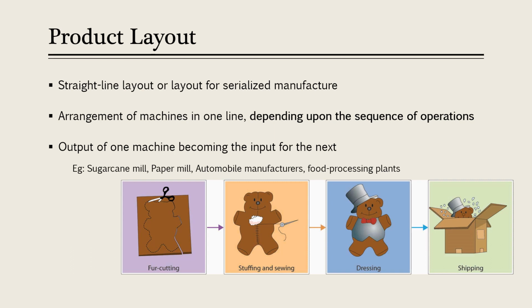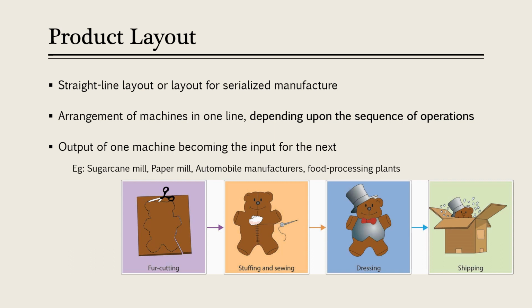In the next operation in the factory, they sew it and fill it with the stuffing. It can be either padding or cotton. Then the complete teddy bear will be transferred for the next processing. In the next process, they dress them.